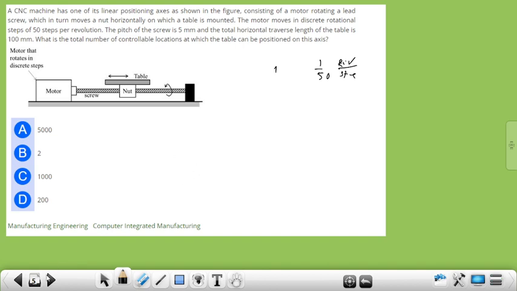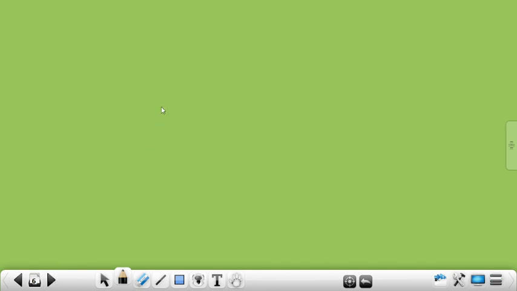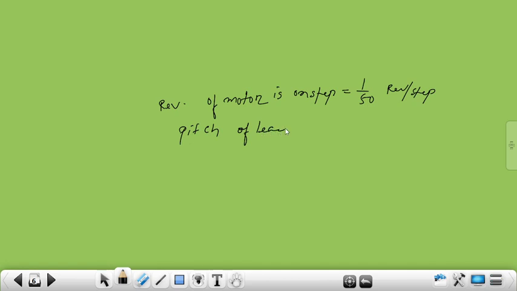So the data is: revolution of the motor for one step is equal to 1 by 50 revolution per step, and given the pitch of the lead screw is equal to 5 mm.